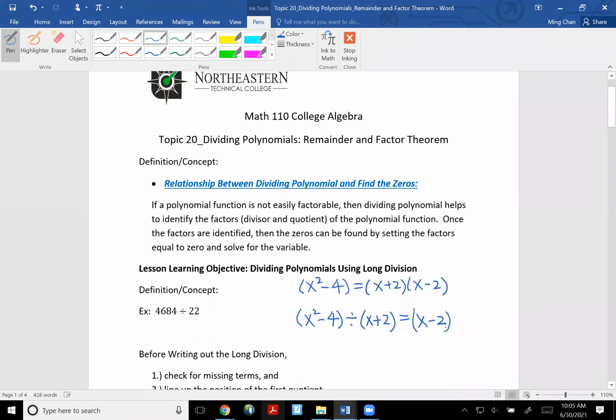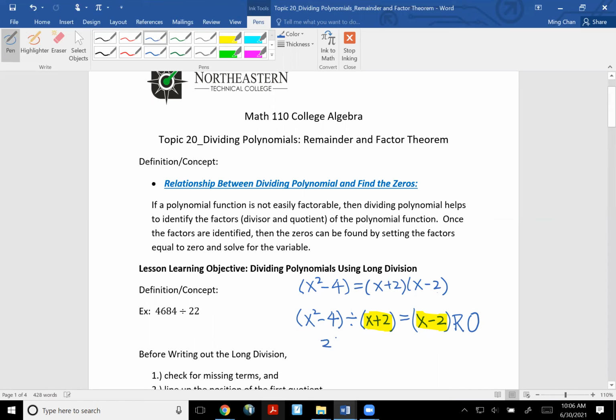If the remainder is 0, that tells me that x plus 2 goes into x squared minus 4 evenly, and x minus 2 is my quotient. So my quotient and my divisor are actually the factors of that polynomial.